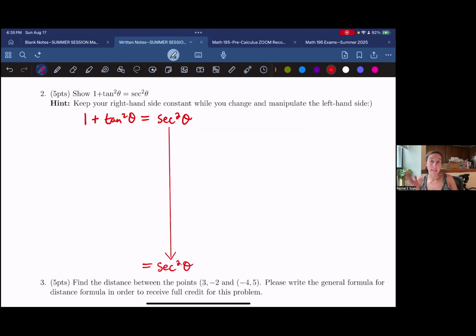Now, that left-hand side we are going to mess with. 1 plus tan squared theta. Well, we know secant squared is 1 over cosine squared. So maybe it's in our best interest to manipulate that 1 to have a denominator of cosine squared. Why don't we multiply 1 by cosine squared theta over cosine squared theta?